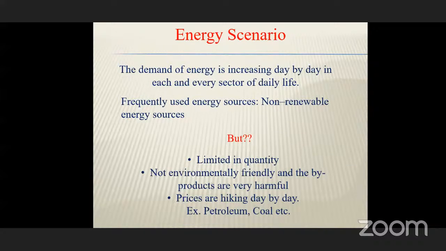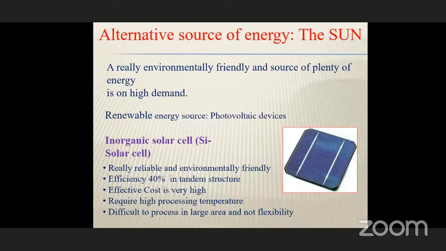So we need such energy resources that will last forever and can be used without pollution, and are larger than the present consumption rate of all energy resources. Therefore, we use renewable energy resources as an alternate, and the device that is used to convert solar energy into electrical energy is called a photovoltaic solar cell.